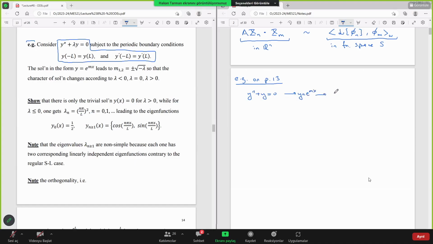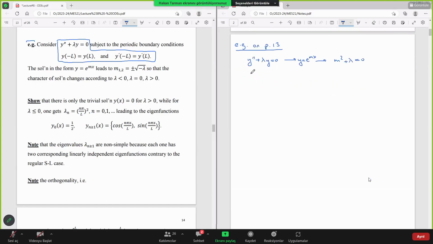And so we get m squared, oops, I forgot the lambda, plus lambda equals 0. And now we just go through the cases.